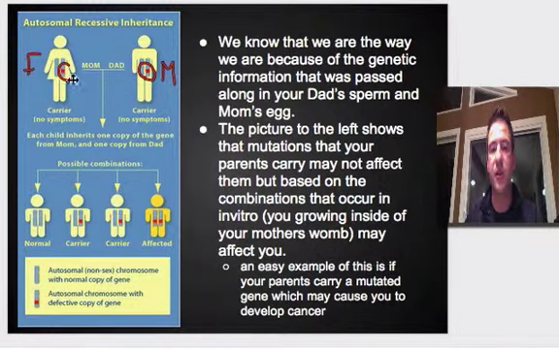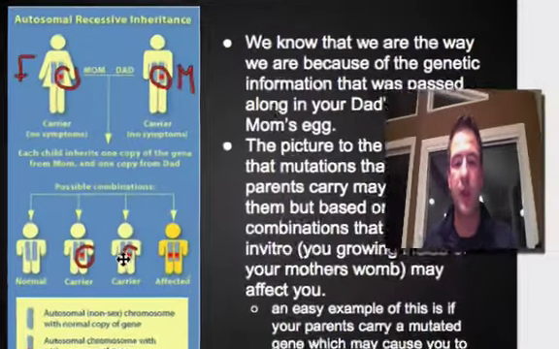Each one has this gene for this autosomal recessive inheritance, say, for cancer, for example. As they reproduce and produce offspring, based on this pairing, this one's normal, but because this one has the gene here, this child is what we would call a carrier.